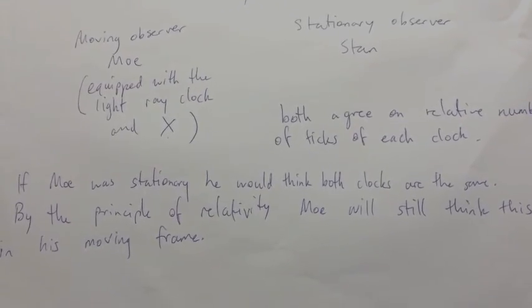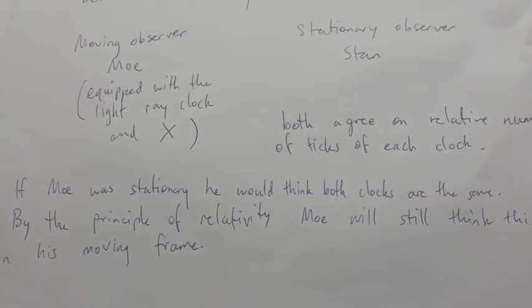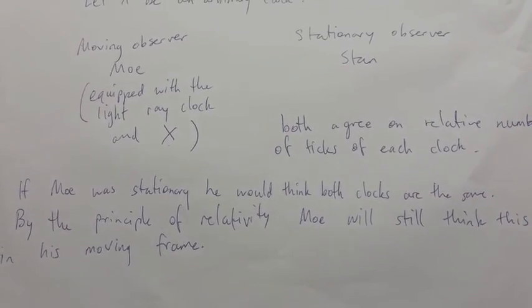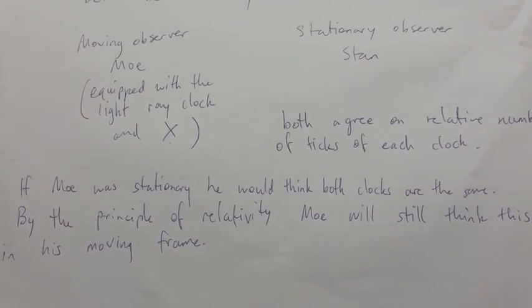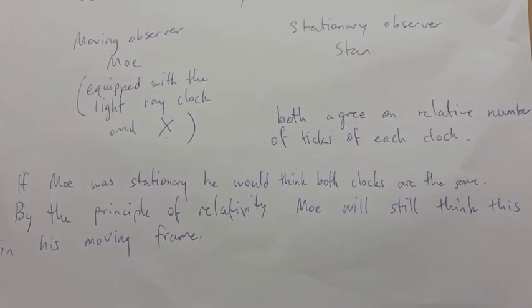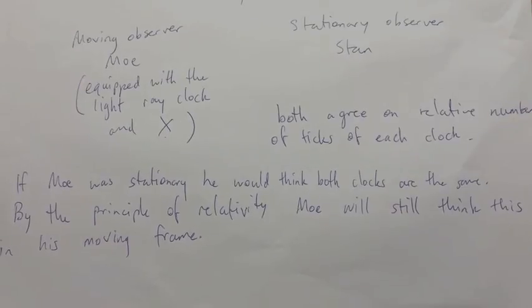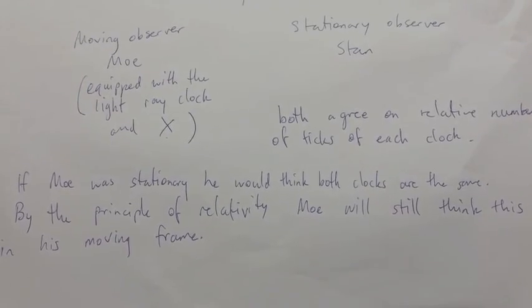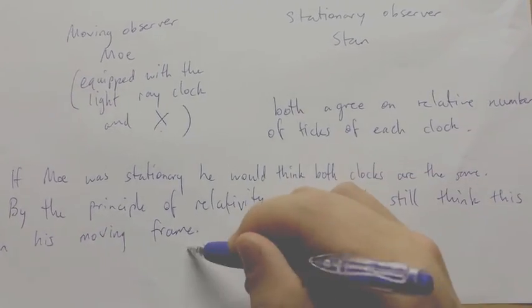So therefore x undergoes the same time dilation as the light ray clock. And therefore, since x was arbitrary, all clocks undergo the same time dilation as a light ray clock, which was the time dilation given by the formula.